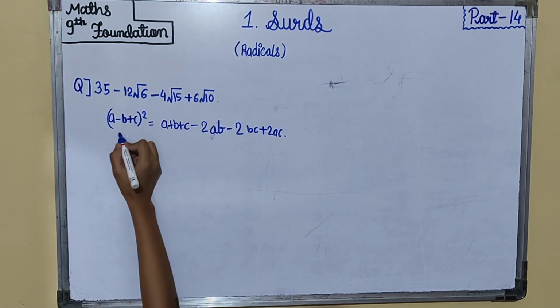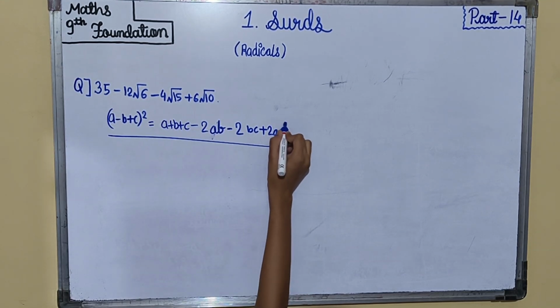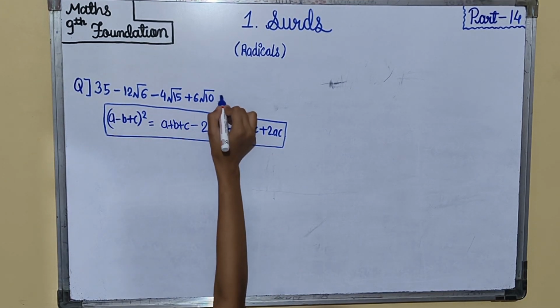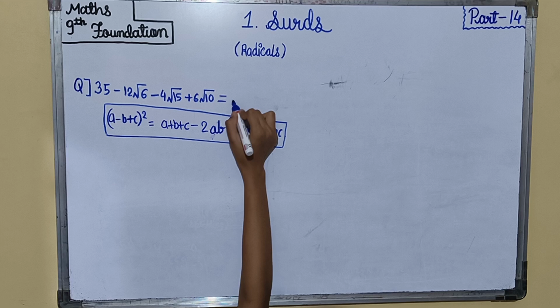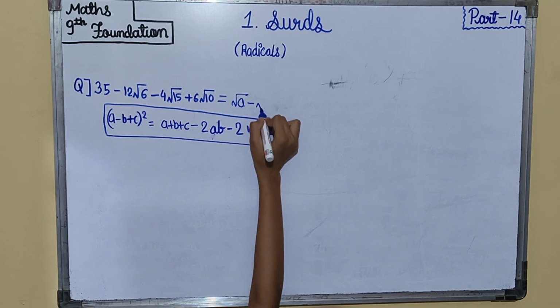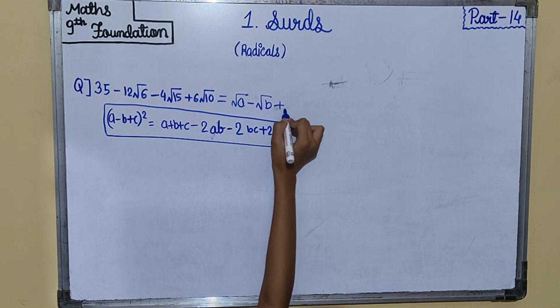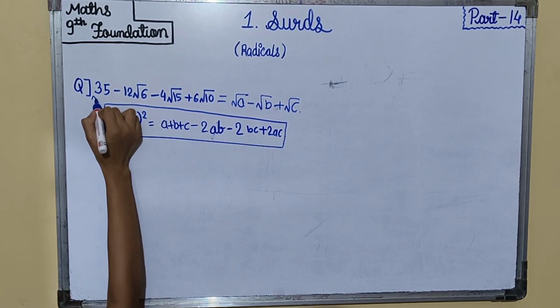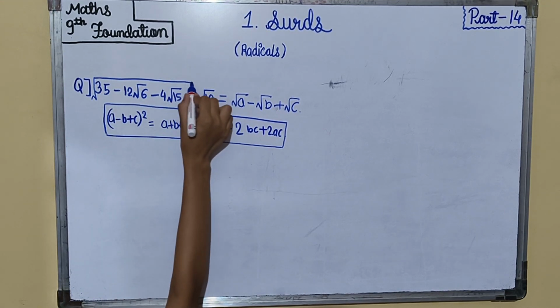So remember this identity. So the answer would be root a minus root b plus root c, and we have to find its root.